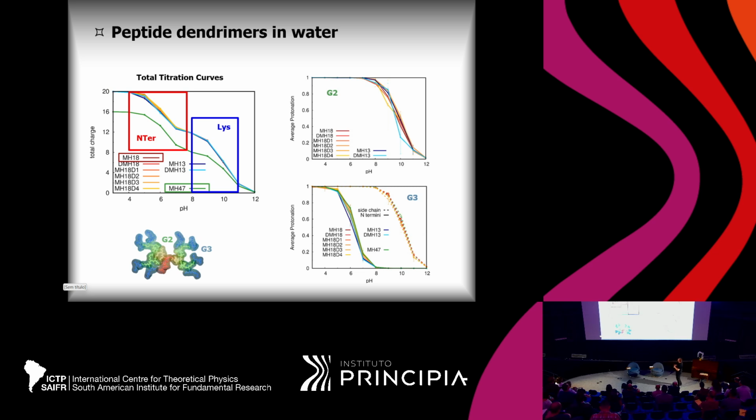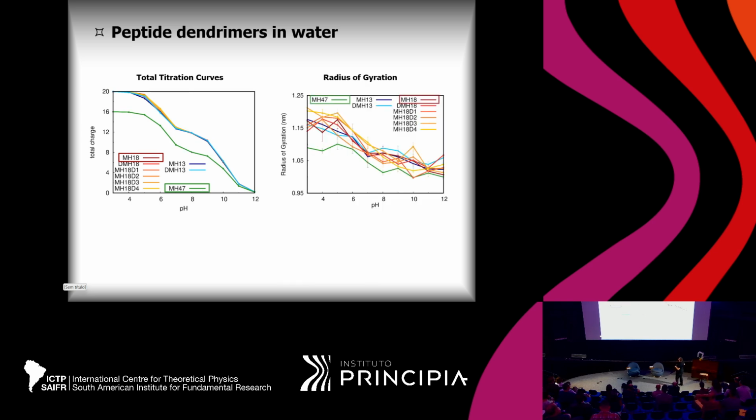And you can decompose this by generations, because there will be the lysines in the center and then the lysines on the shell. And of course, the radius of gyration will depend on the charge. There are a lot of variations, but let's concentrate just on the two that I showed you, because we had all of these experimental data and we wanted to compare.